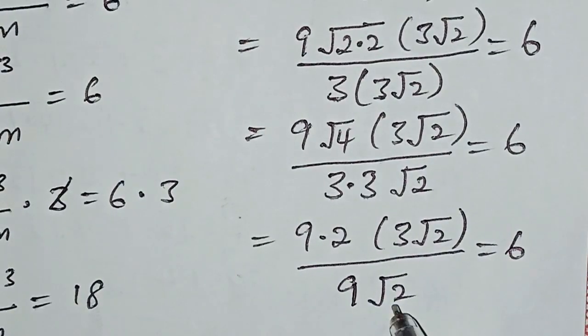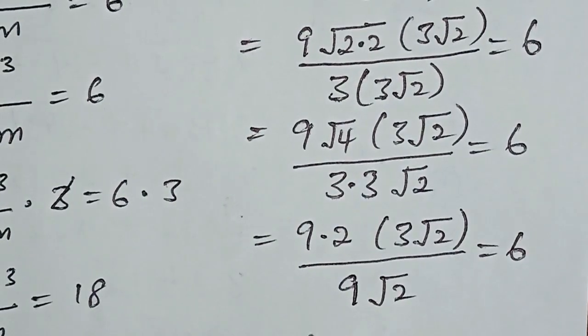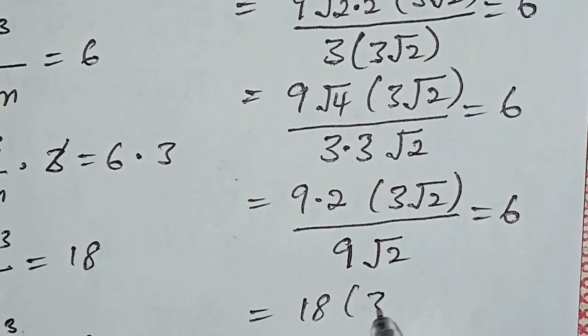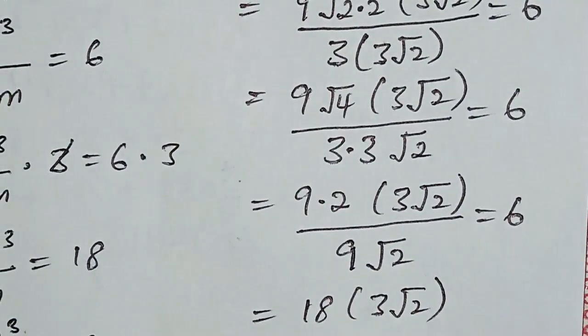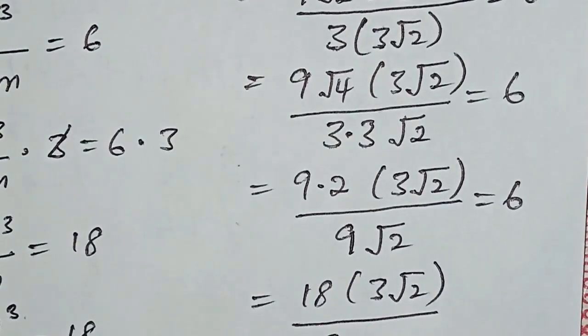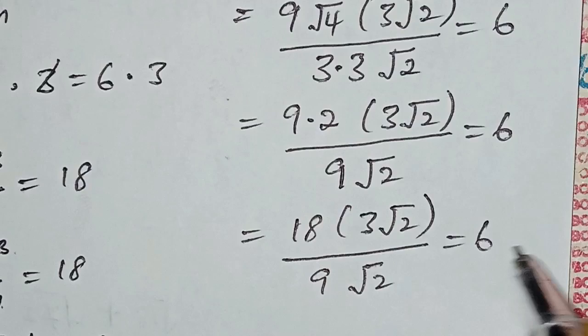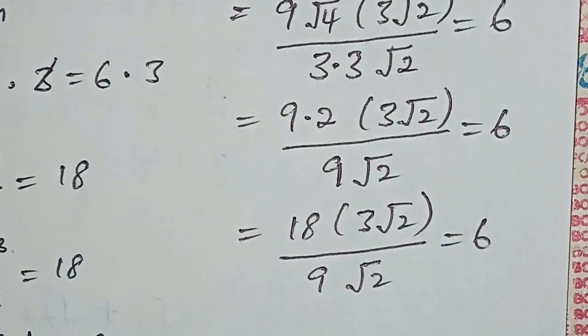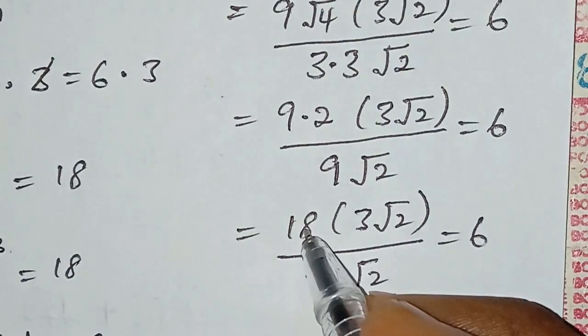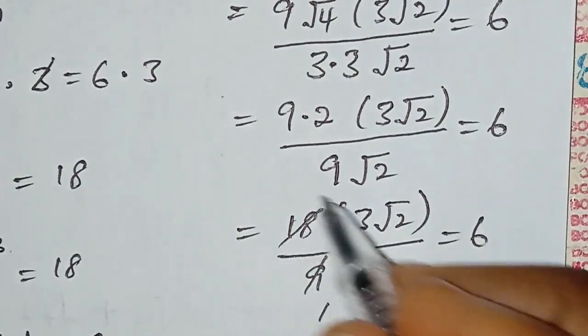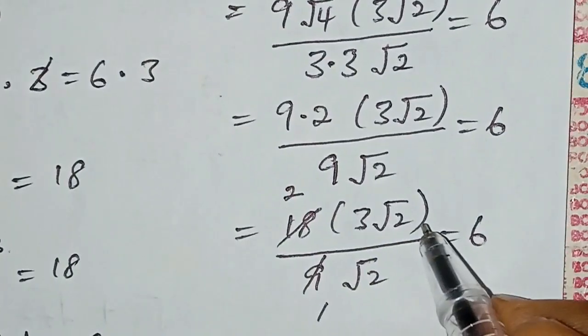So this gives us 18 into bracket 3 square root 2 all over 9 square root 2 equal to 6. So 18 divided by 9, then 9 in 18 we have 2.